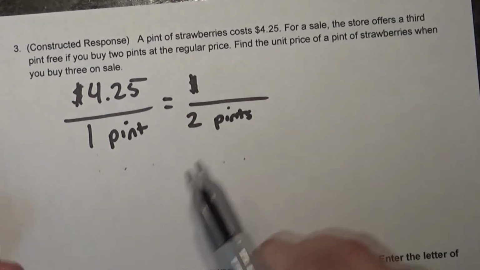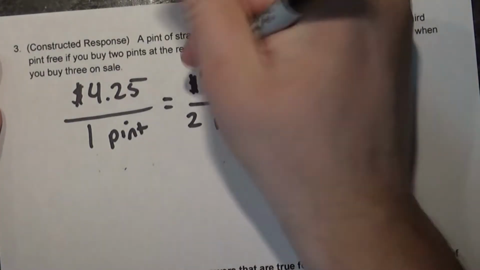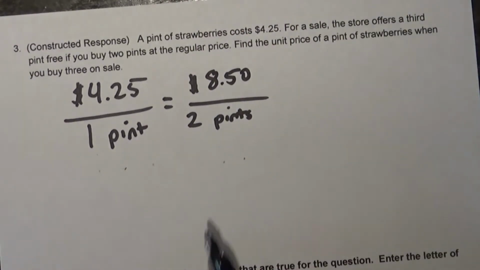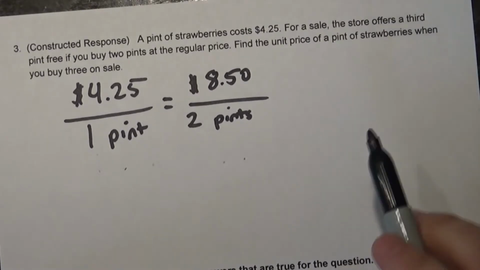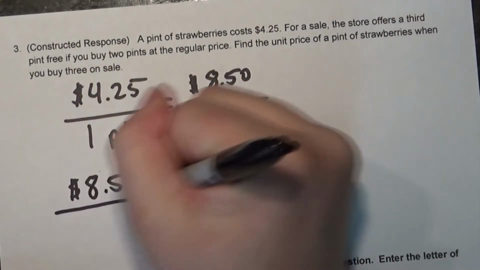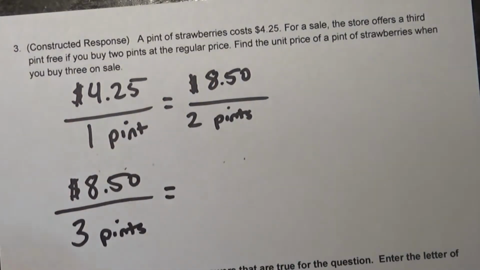If you're not sure what that is, you can always do this off to the side, but I just happen to know that $4.25 times 2 is $8.50. So I'm going to pay $8.50 for 2 pints. Now, if I get that third pint of strawberries for free, I'm still paying $8.50 for 3 pints. That's kind of the way that works when you get stuff for free.